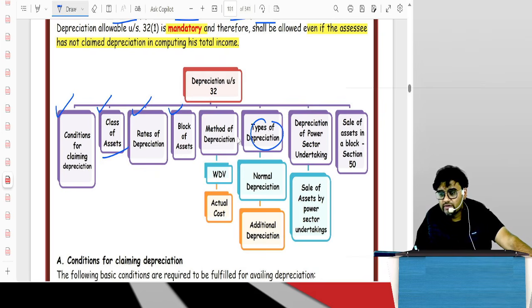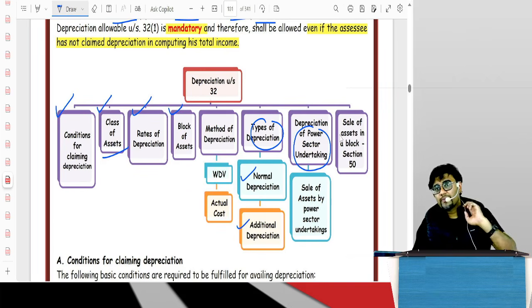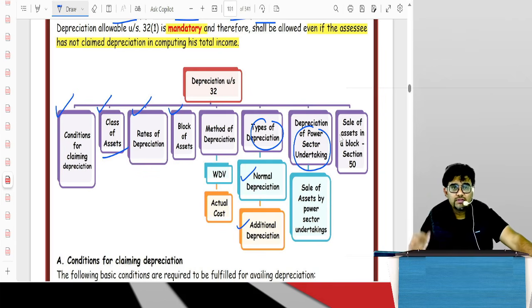What are the types of depreciation? One, you have normal depreciation. Then you have additional depreciation. Then for power sector undertaking, there is a different depreciation. And then I told you 20 laptops are there for 2 lakh. 10 laptops are sold for 4 lakh. Now assets are remaining, but then block value has become nil.